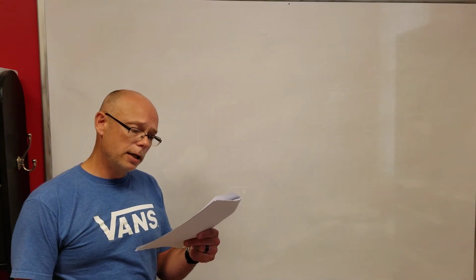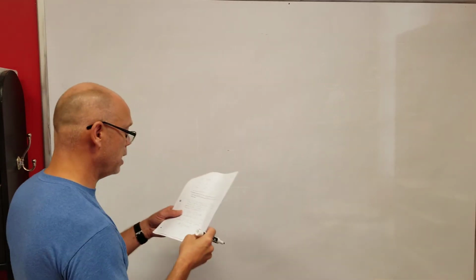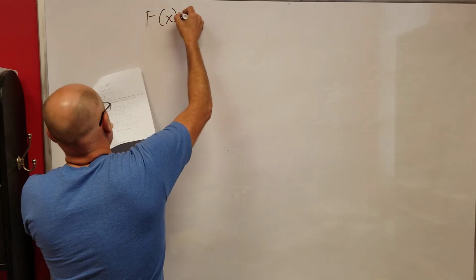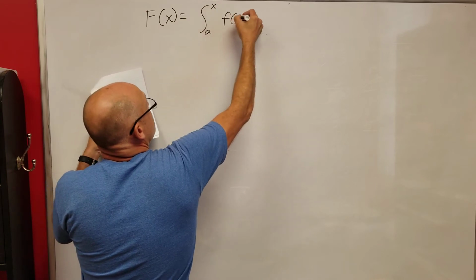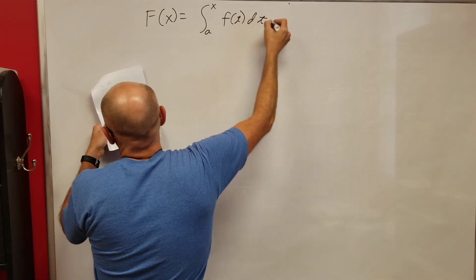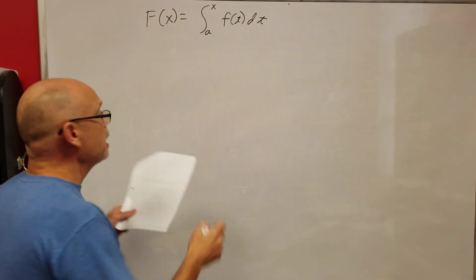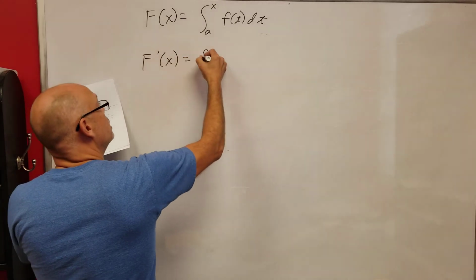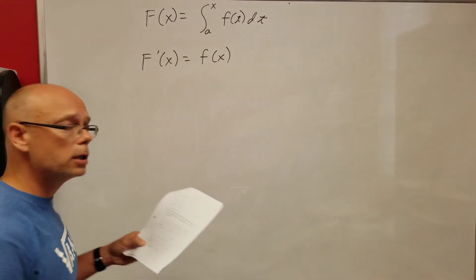In particular, if a is any point on the interval, then the function F defined by capital F of x equals the integral from a to x of f of t dt is an antiderivative of lowercase f, that is capital F prime of x is equal to lowercase f of x for each x in the interval, or an alternate notation.